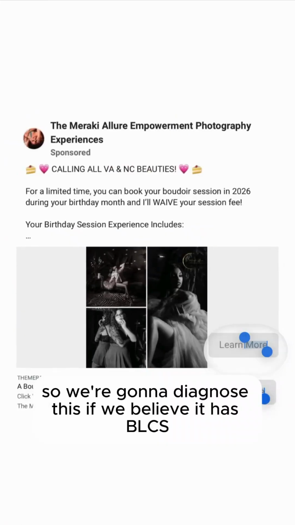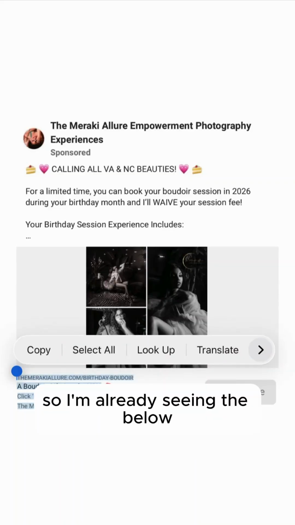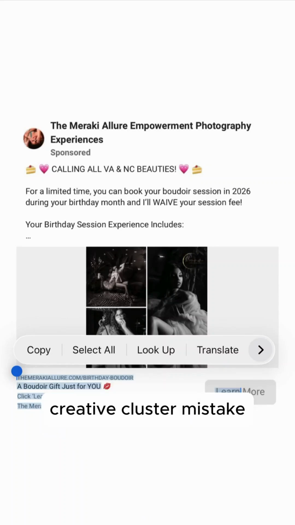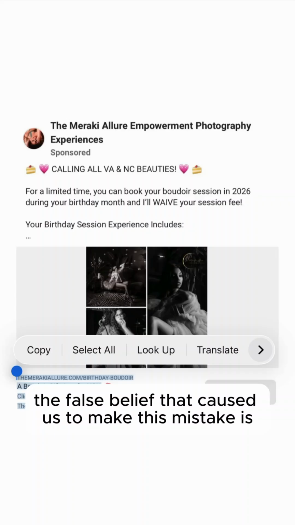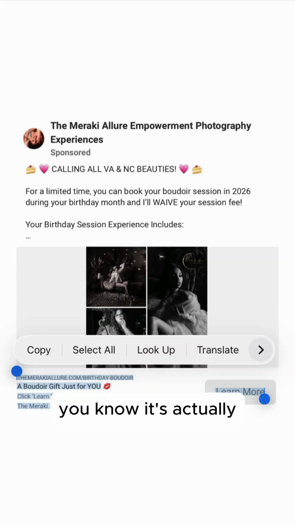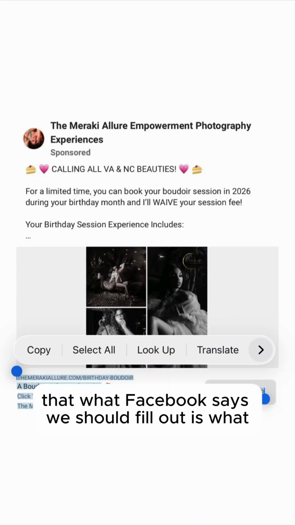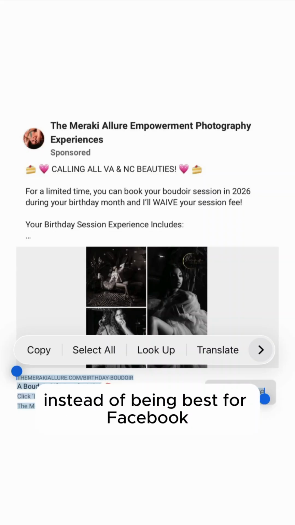So we're going to diagnose this, see if we believe it has BLCS, aka Boudoir low click syndrome. I'm already seeing the below creative cluster mistake. The false belief that caused us to make this mistake is trusting that what Facebook says we should fill out is what is best for us to fill out, instead of being best for Facebook.